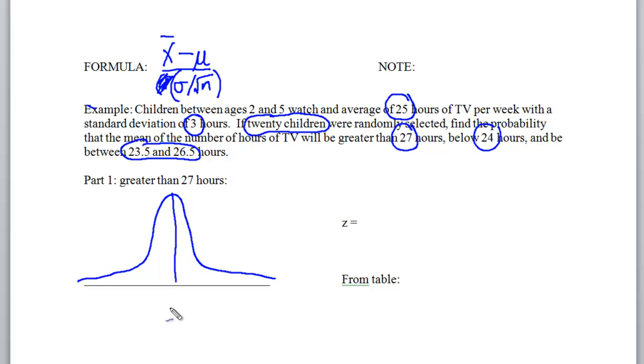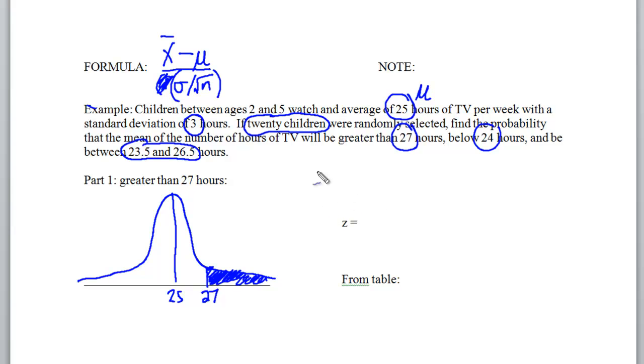Our average, our mu, was 25, and we got that from the problem up here. This is our mu, or population average. And our standard deviation was 3, so we're trying to find out what are the chances that our average was above 27 hours. So we're looking for that area above here.